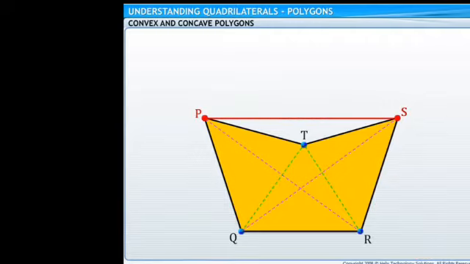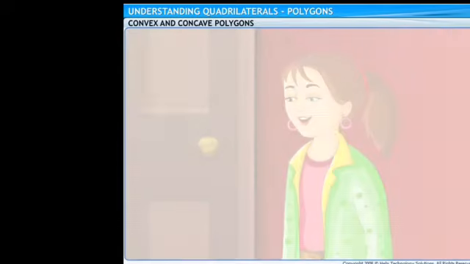It seems that the diagonal drawn between these points lies outside the figure. That's a good observation, John. If a diagonal lies outside a polygon, then the polygon is called a concave polygon. If all the diagonals lie inside the polygon, then the polygon is said to be a convex polygon.